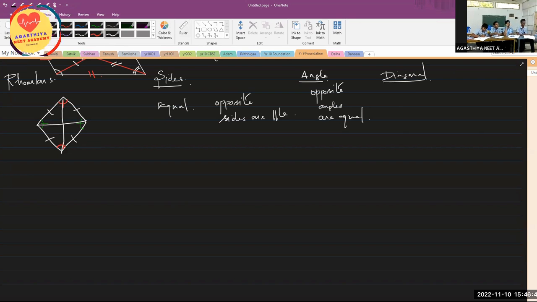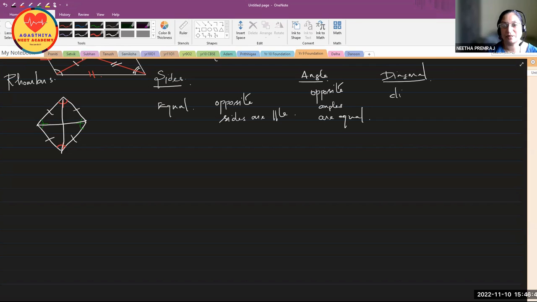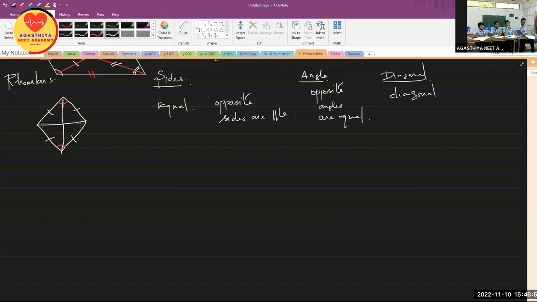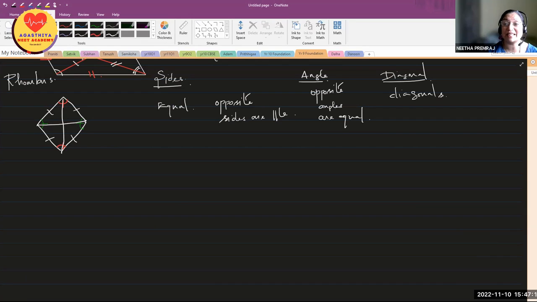The diagonals bisect at 90 degree. So the angle between the diagonals is 90 degree. That is the special property of a rhombus. Okay. Next.